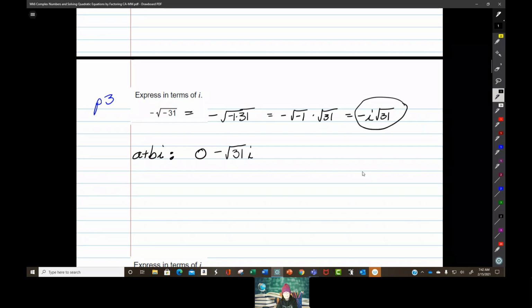Like that, because of the negative sign in front. But it didn't say that, so you don't have to write it like that, but this is just for your information.